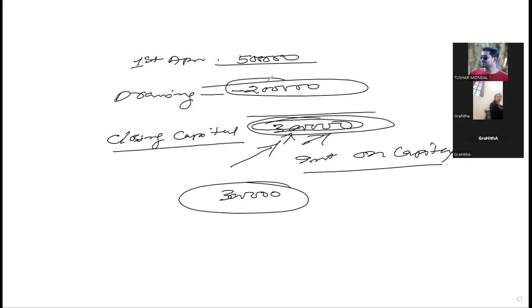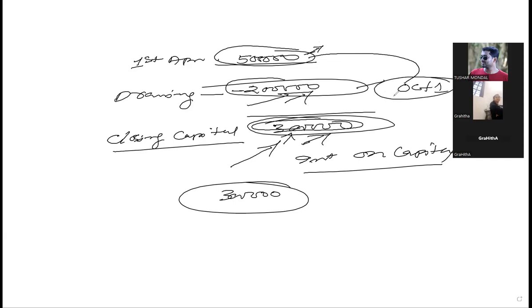Because the drawings might have been taken somewhere in the middle of the year. So the firm has used your 5 lakh rupees from April 1 to, for example, October 1, and you took the drawings on October 1. So on October 1 your capital became 3 lakh.